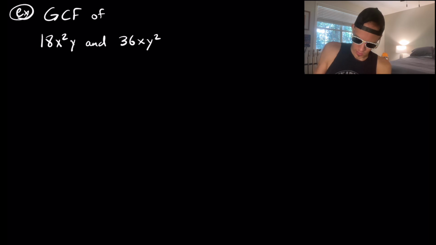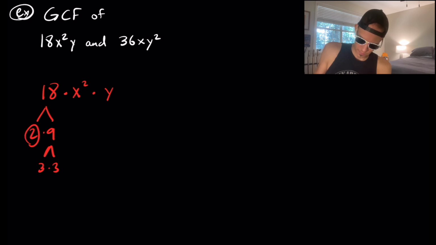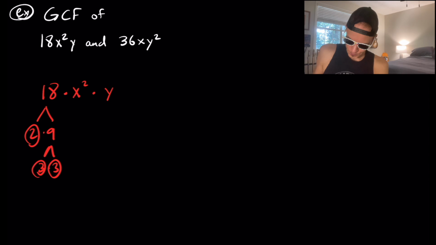First like this. So 18 x squared y, I'm going to write that as 18 times x squared times y. And then let's break down 18 here. So 18 is going to be 2 times 9, and then 3 times 3. So our prime factorization, when I circle the prime numbers, is going to be 2 times 3 times 3.